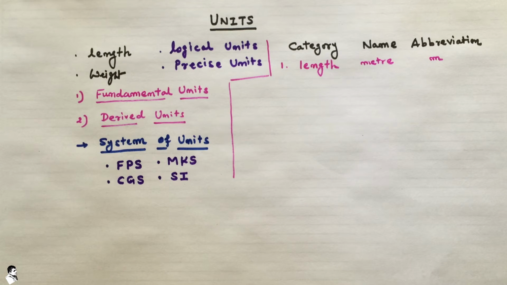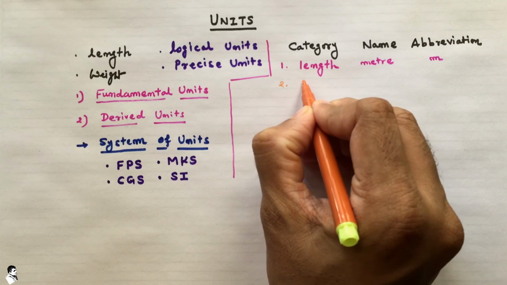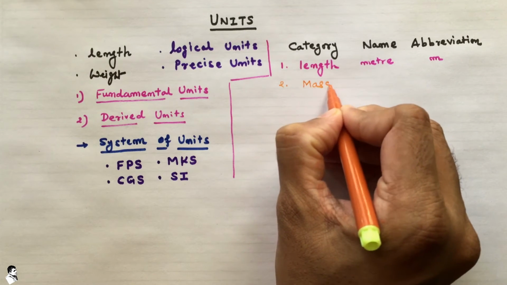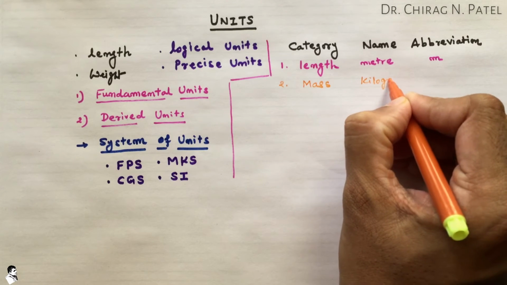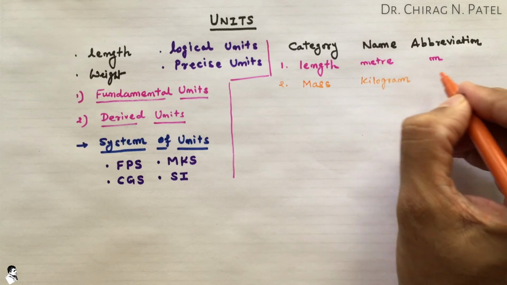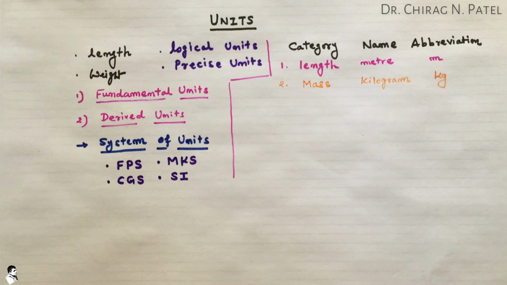If we take another entity, that is mass, that is in kilogram and kg, small k and small g.